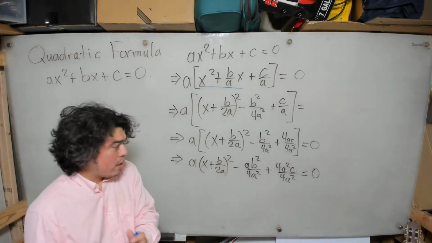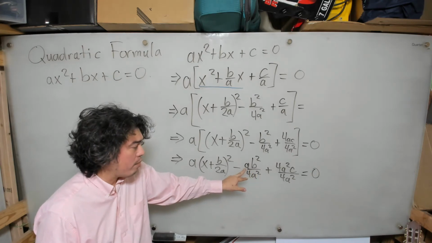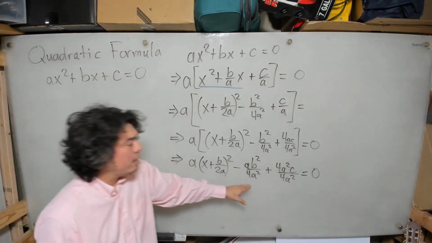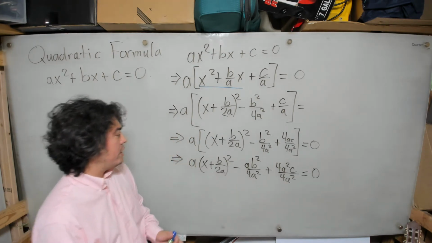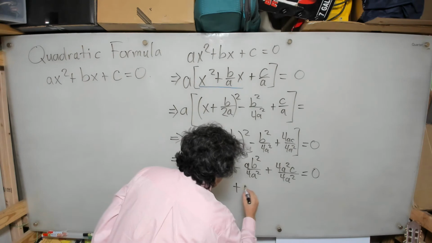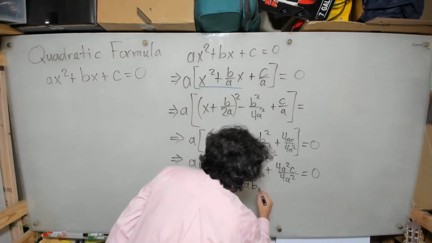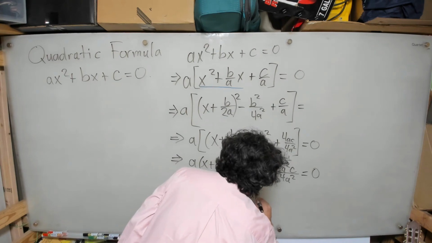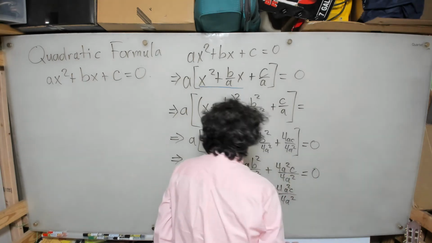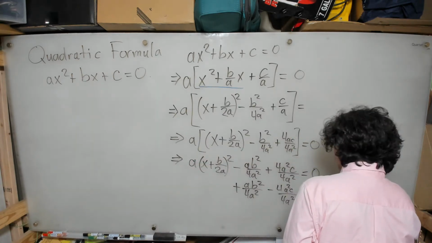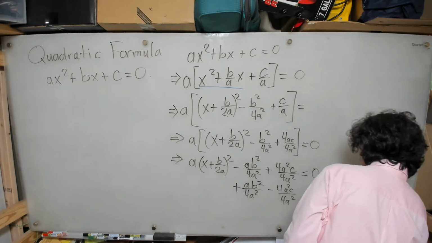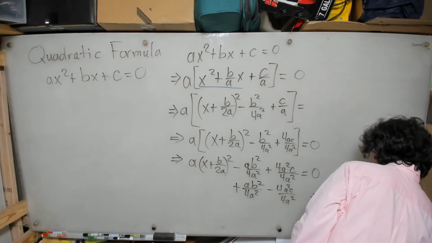Now look, I'm only going to cancel out 1 power of a from the top and from the bottom here, and 1 power of a from the top and from the bottom here, so that I can maintain the same denominator. Okay? So let's do that together. And also, let me move this to the other side already. So this is going to become plus ab squared over 4a squared minus 4ac, a squared c over 4a squared, and then plus ab squared over 4a squared minus 4a squared c over 4a squared.